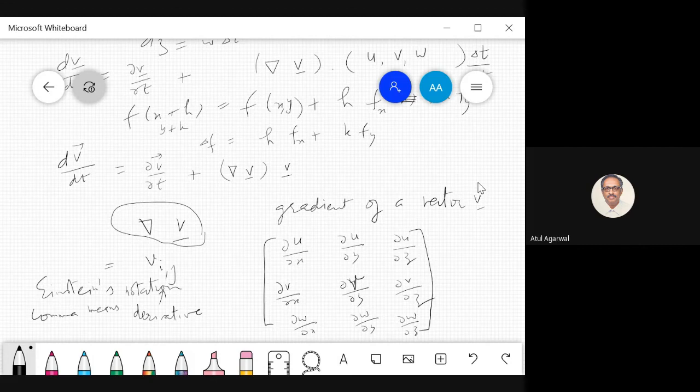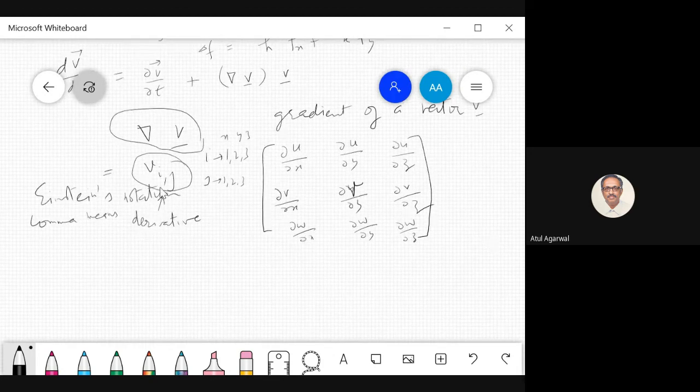So suppose I take i takes value 1 to 3, j takes value 1 to 3. 1 to 3 is xyz basically. So if you write in this notation, what you will get? Del V1 by del X1, del V1 by del X2, del V1 by del X3, del V2 by del X1, del V2 by del X2.